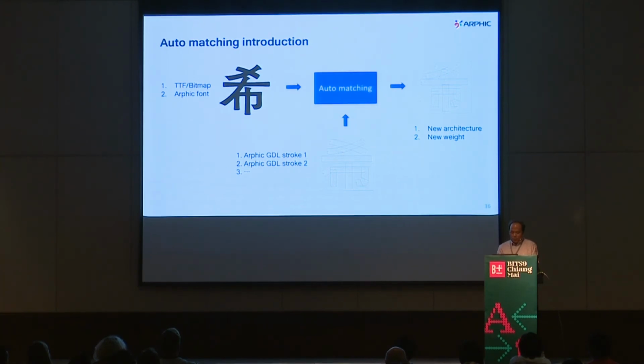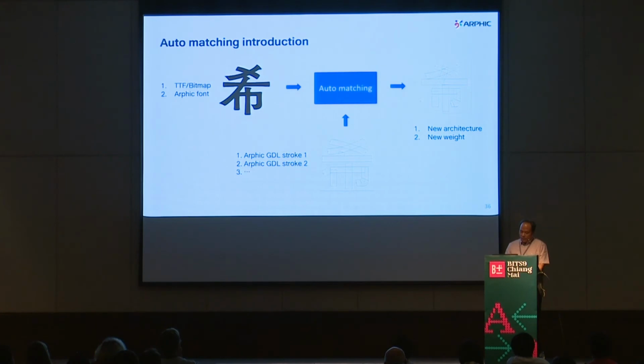First, the automation can emulate designers to copy a font master. This example shows that the automation uses the Jingxi font database to imitate the bitmap of the character. The program chooses some GDL strokes and tries various parameter values to fit the font master.